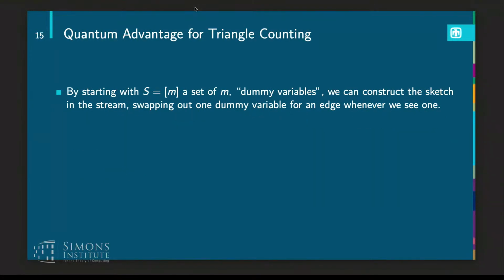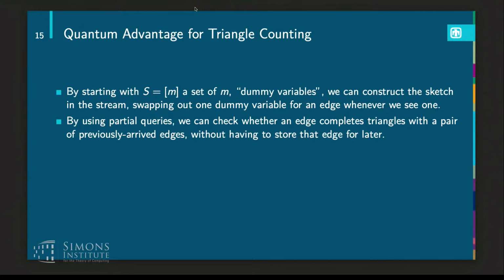For constructing the sketch, before we even process any part of the stream, we're going to initialize the sketch on a number of dummy variables, given by an upper bound that we have on the number of edges that we'll see in the stream. And then we can maintain a counter that tells us, when you see a new edge, to swap out this dummy variable for the new edge that you saw.